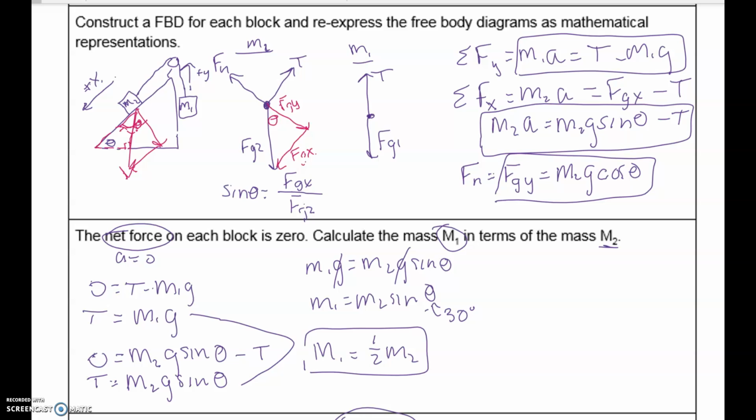We can use those expressions to solve for acceleration because these two equations have two unknowns, being acceleration and tension. So I'm going to use that usual step of solving for tension in one expression and then plugging into the other. All right. I recommend you take a pause and try this math yourself, and let's see if we end up with the same answer.